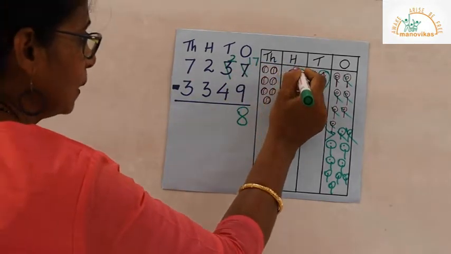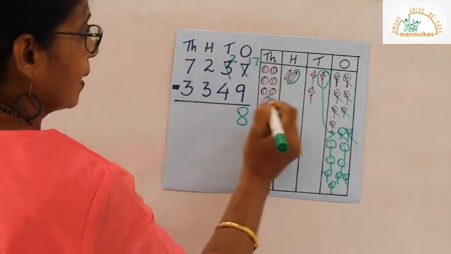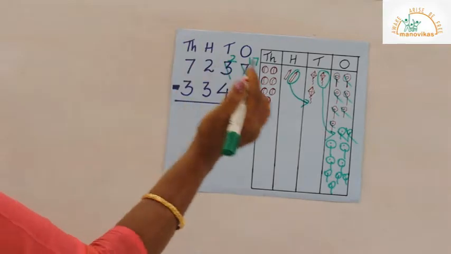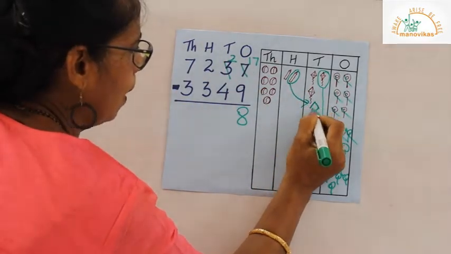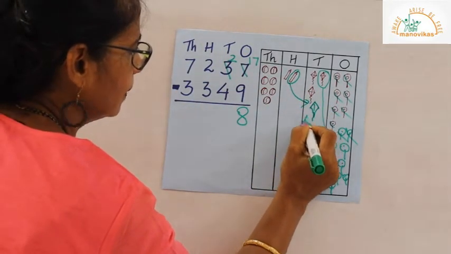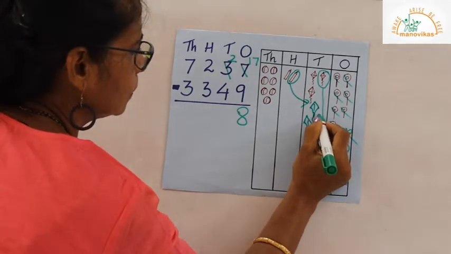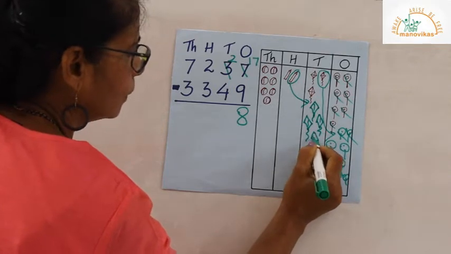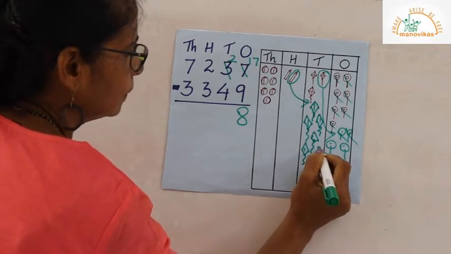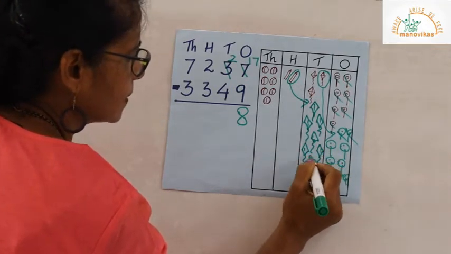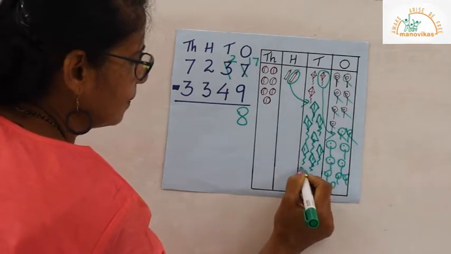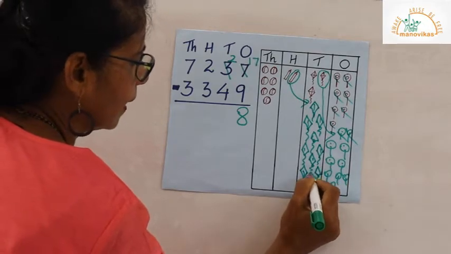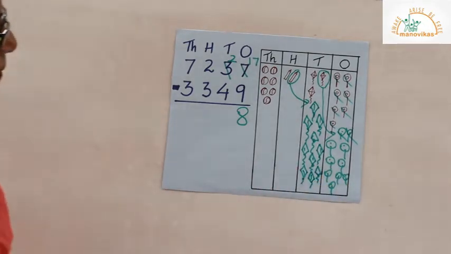So what we do, we take 100 and we will get 10 tens. And so let's draw 1, 2, 3, 4, 5, 6, 7, 8, 9, 10.